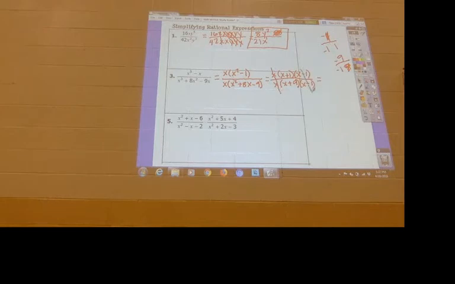I see these two parentheses are in common, right? So all I have left is x plus 1 over x plus 9, final answer. That's a simplified expression.